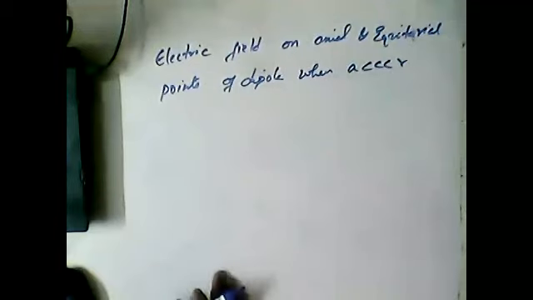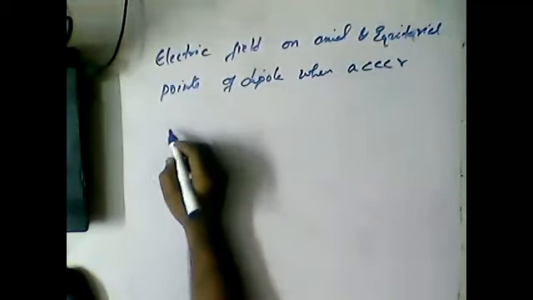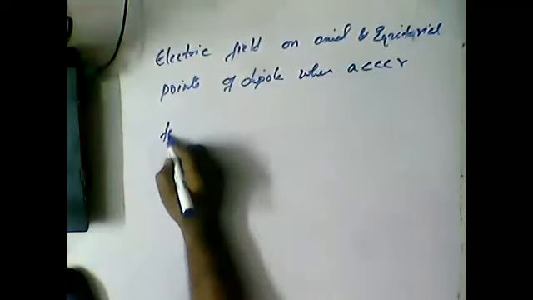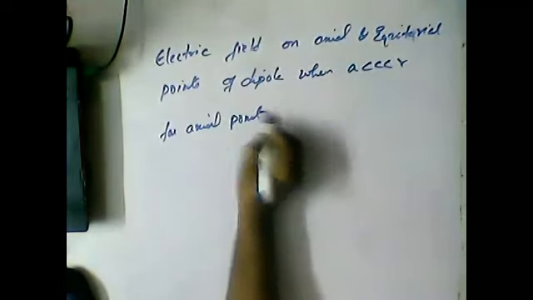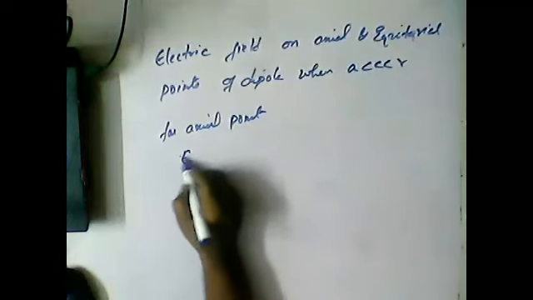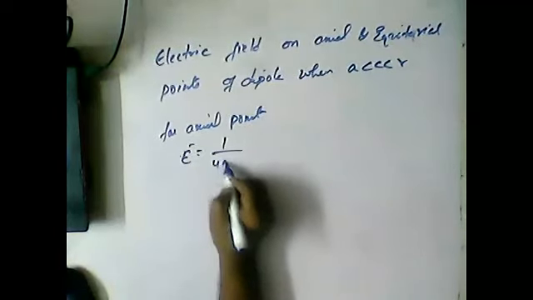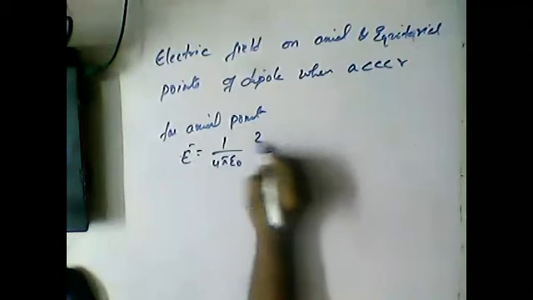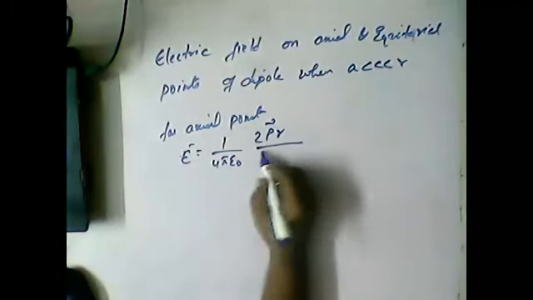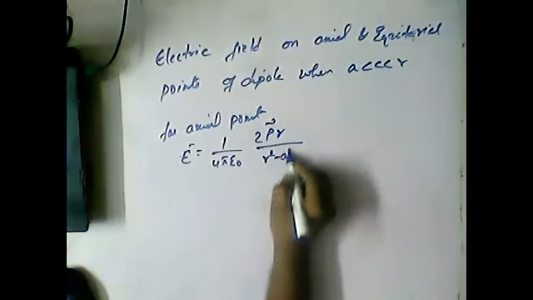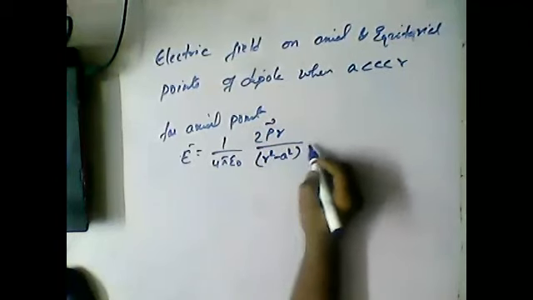If you observe clearly, what is the general formula, guys, for the axial point? For the axial point, we can write E bar is equal to 1 by 4 pi epsilon, 2 p r by r square minus a square whole square.